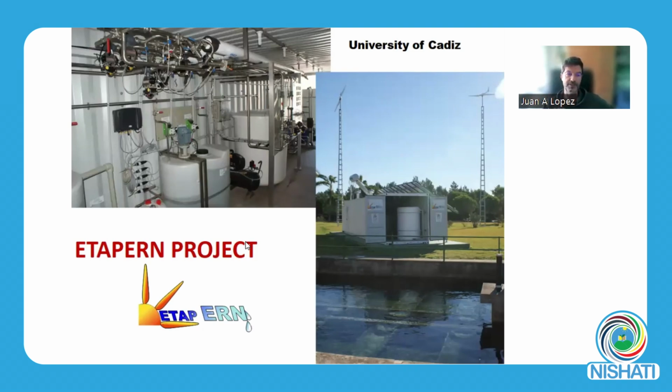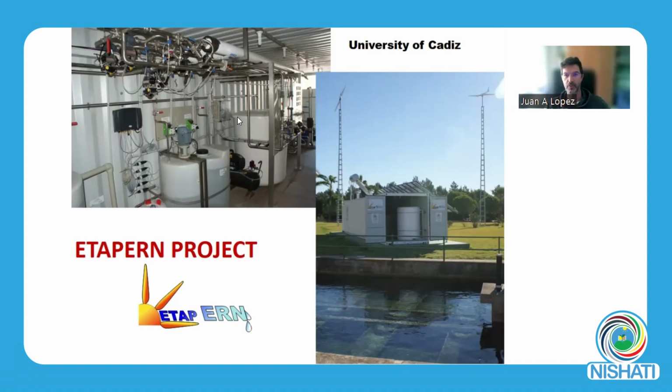In this case, it was the ITAPERM project. I was the main researcher, and Professor Rafael Jiménez Castañeda was helping me, responsible for the energy. And we designed a plant that uses only renewable energy: windmills.